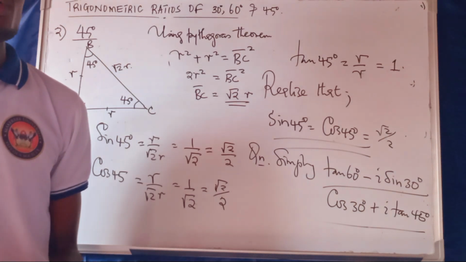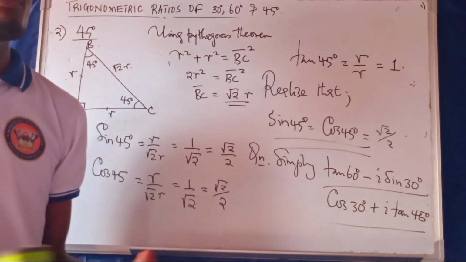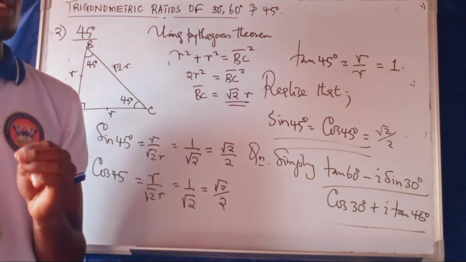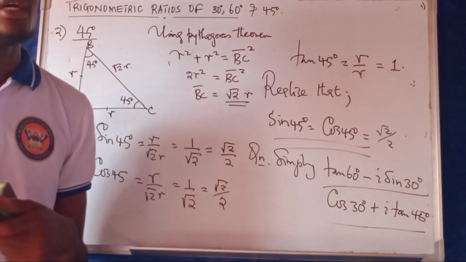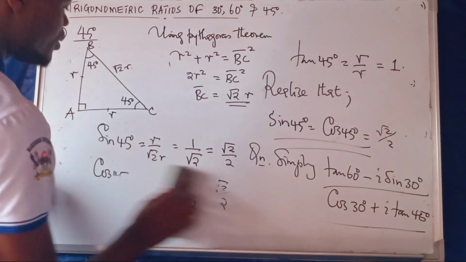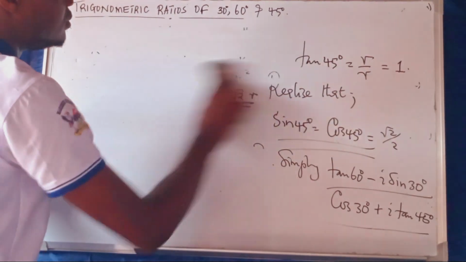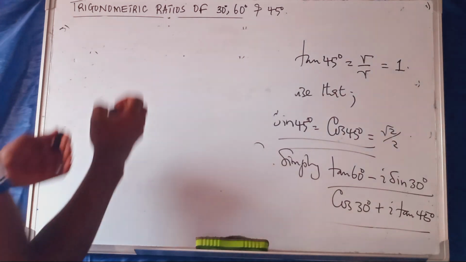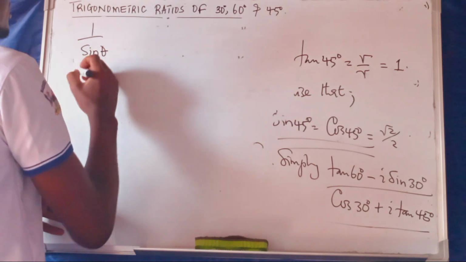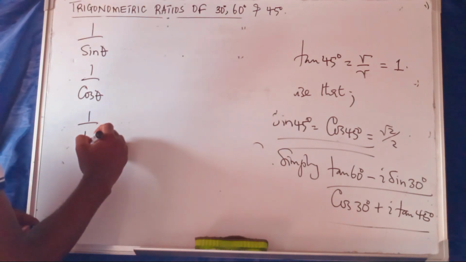Meet you in the next video, where we shall be talking about the Pythagoras theorem and the relationship between these trigonometric ratios. We have a relationship between sine and cos, and we are going to also talk about other trigonometric ratios. Did you know that we have trigonometric ratios of 1 over sine theta, 1 over cos theta, and 1 over tan theta?